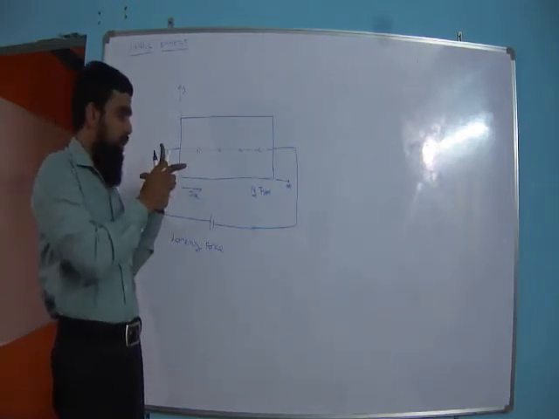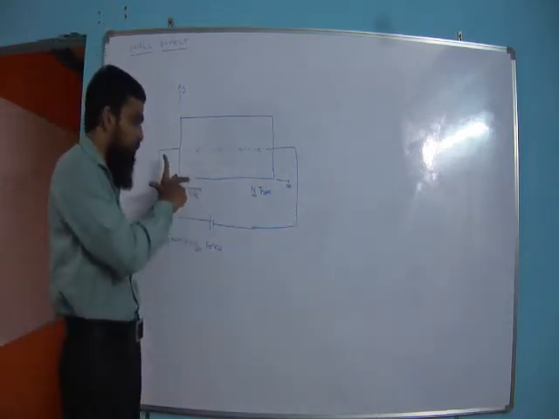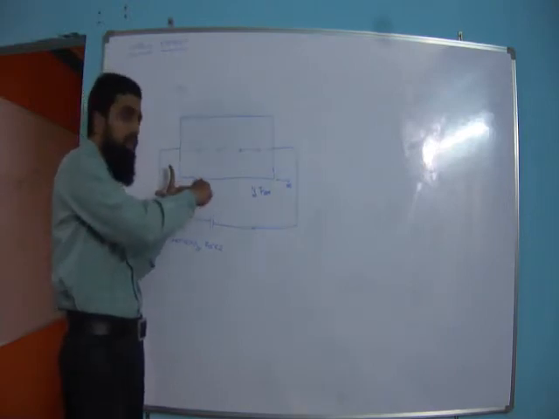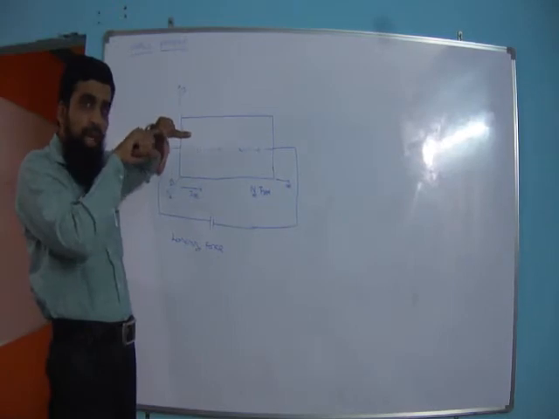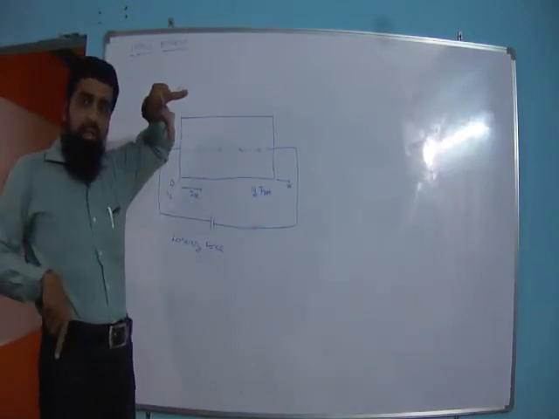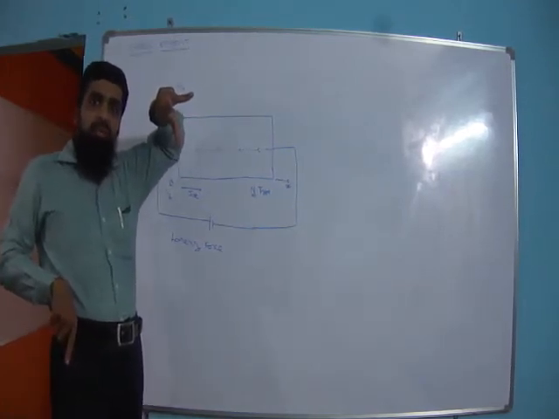Place your middle finger towards current direction and your index finger towards magnetic field, then the thumb will represent the force direction.